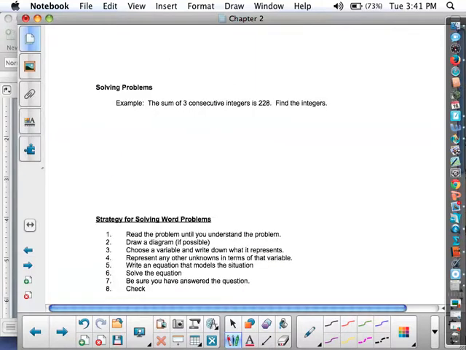Now we're going to start to take a look at solving problems and using some of those to set up the actual equation. So the first problem is the sum of 3 consecutive integers is 228. So we know that we can let x equal the first, and then x plus 1 equals the second, and then x plus 2 equals the third.